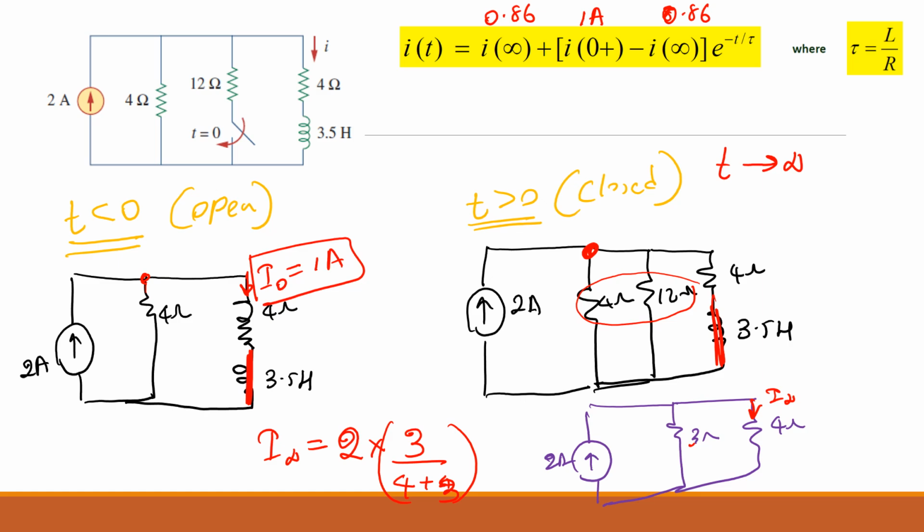Are we good? Give me a few minutes, I will find the R as well, and then I'll go back.